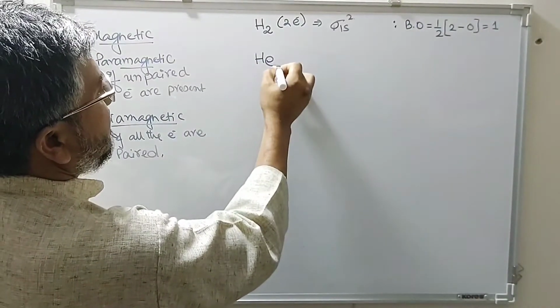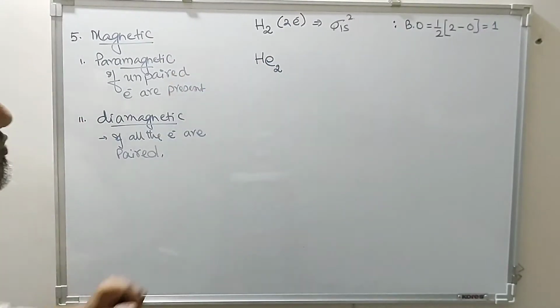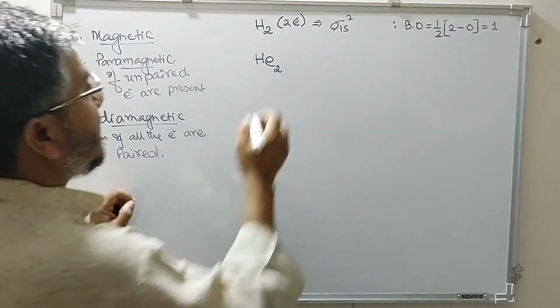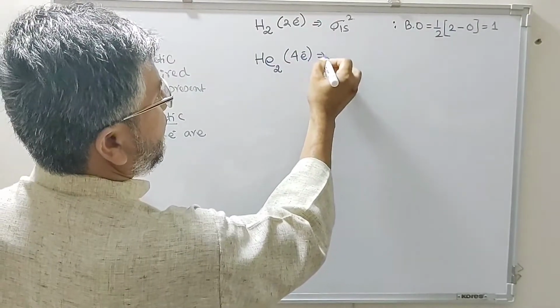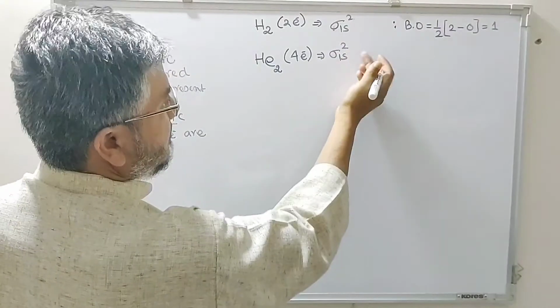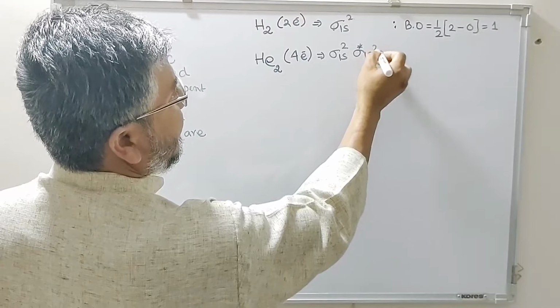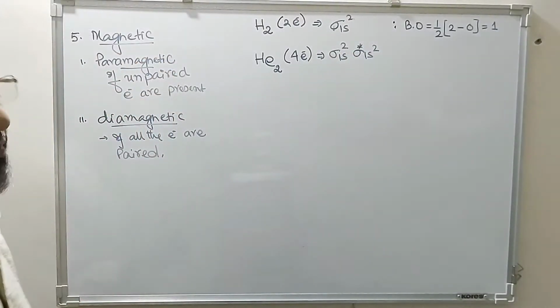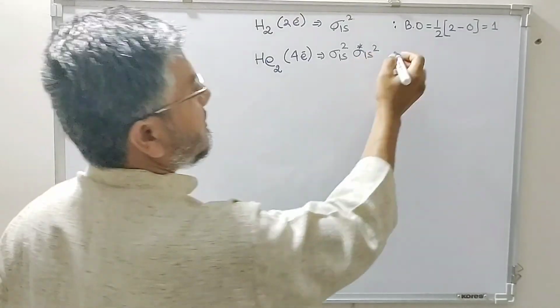Take He2. Helium has atomic number 2, so with two heliums the number of electrons is 4. The electronic configuration is sigma 1s2, sigma star 1s2. This is the bonding molecular orbital, this is anti-bonding.